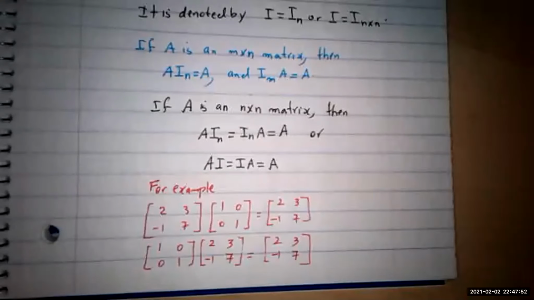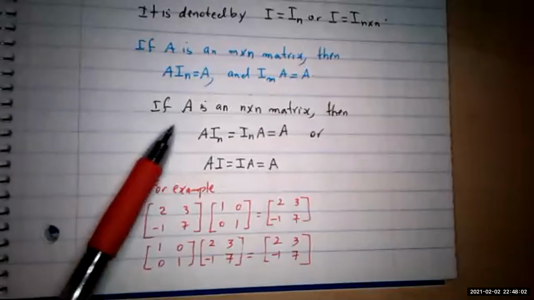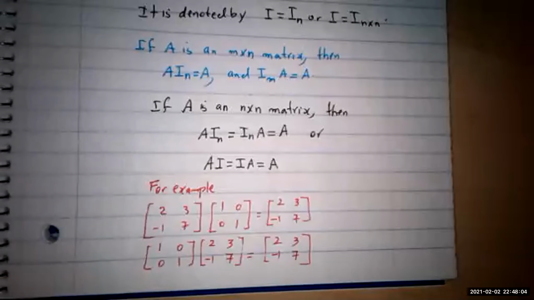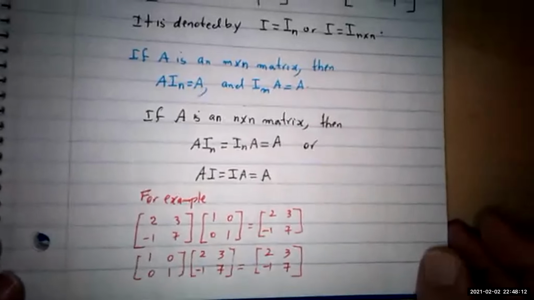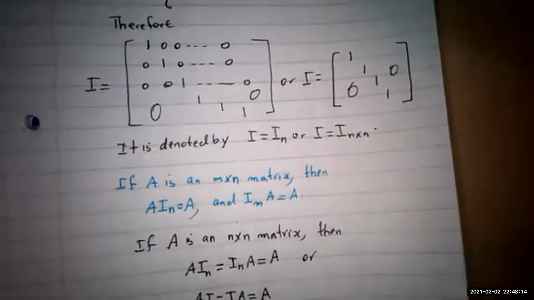In the case of numbers, the reciprocal of 2, or the inverse of 2, is 1/2, which is 2 to the negative 1. Now that we have introduced I, we have a candidate for 1. So we should be able to define the inverse of a matrix, which is very important, because we need that inverse to be able to solve a system of equations.